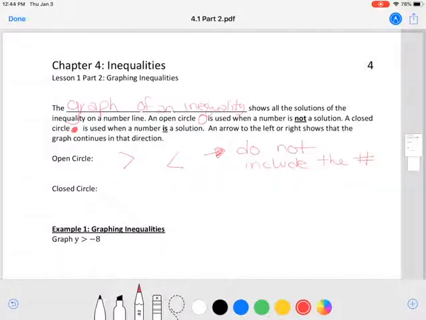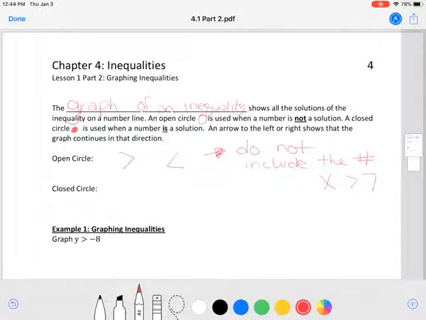So for instance, if I said x is greater than 7, that means that x can be any number greater than 7, but it doesn't include 7, right? It can be 8, 9, 10, it can be 58, but it can't be 7. Okay, so that is going to be an open circle whenever you see the greater than or less than.